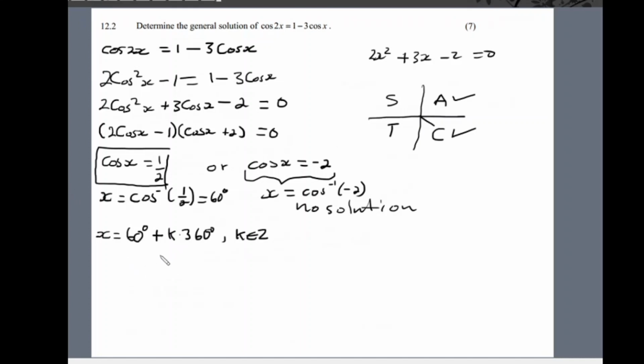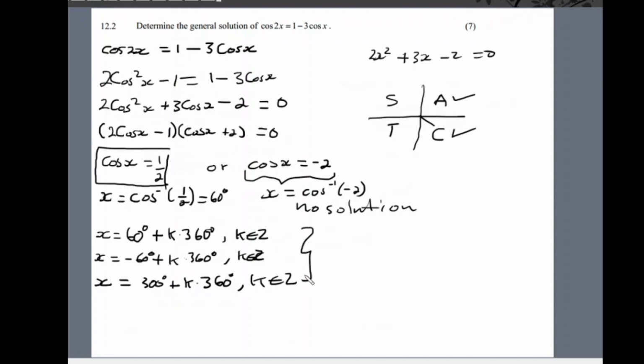So for the negative angle, x is equal to minus 60 degrees plus k 360, where k is an element of the integers. Or we can have 360 minus the positive reference angle. So if you say 360 minus 60, you'll have 300 degrees, and then you would say plus k 360, where k is an element of the integers. So this is our general solution.